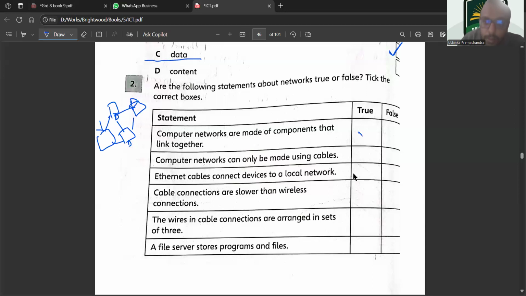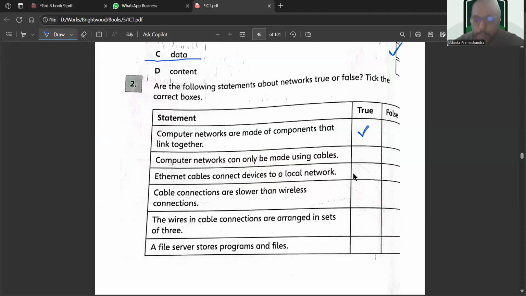A network. So computer networks are made of components that link together. That's true. That's right.